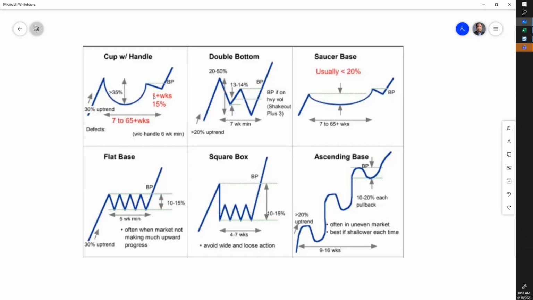But that once magkaroon ka pa rin ng orderly transition or formation ng handle structure na to, usually 1 week, tapos yung range mo is pretty tight, 15% range lang from this point here to the low, mga 15% lang yung distance na pullback sa pag-form ng handle.